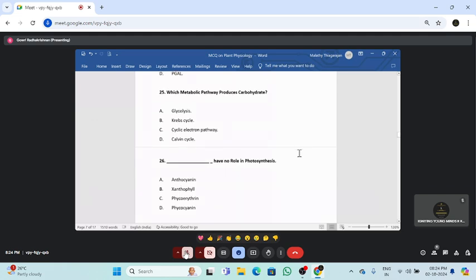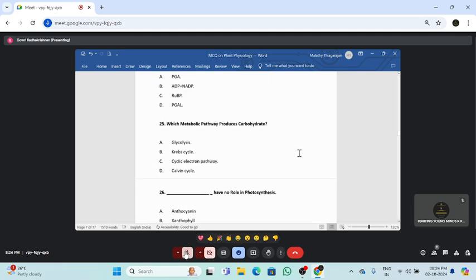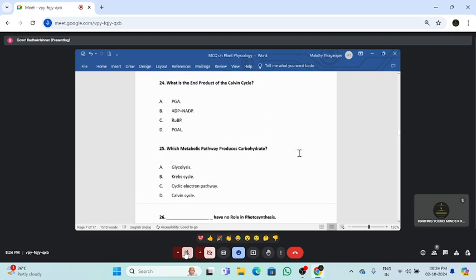25th, which metabolic pathway produces carbohydrate? Ma'am, end product. Sorry? Ma'am, the end product of the C3 cycle is PGA, phosphoglyceric acid.